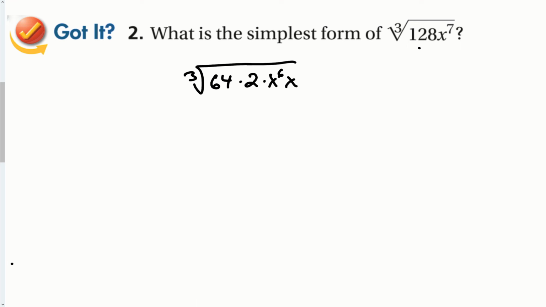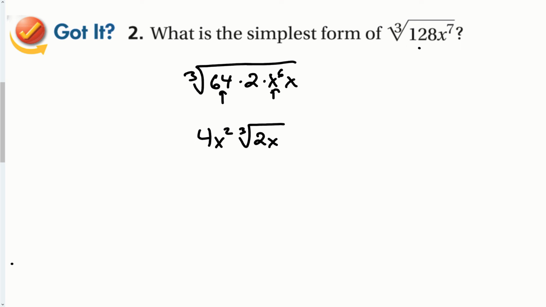I want to take as much out as possible for it to be simplified. These two terms can come out of the cube root, and I take the cube root. So the 64 turns into the thing that multiplies 3 times to give you 64, a 4. X to the 6 becomes x squared, the 6 divided by the 3, and we're left with 2x.